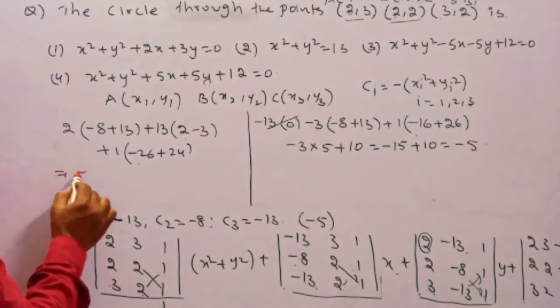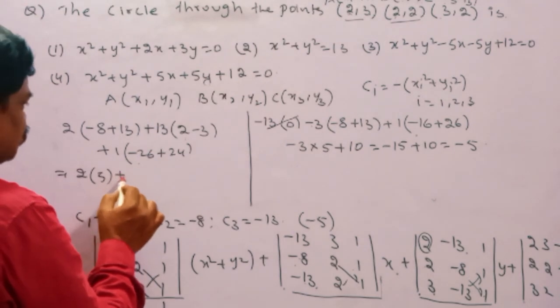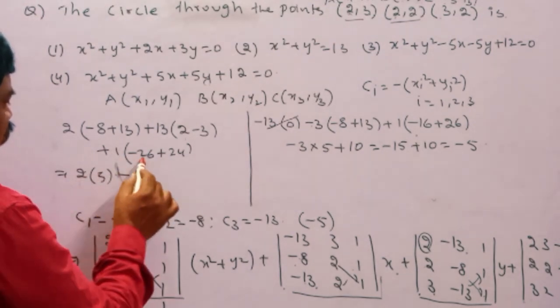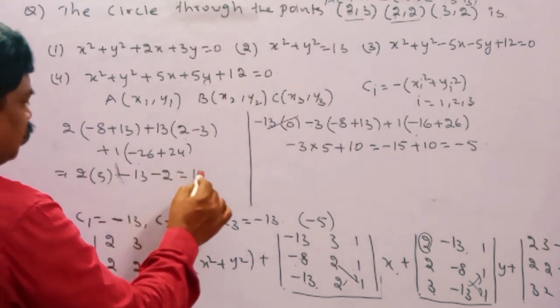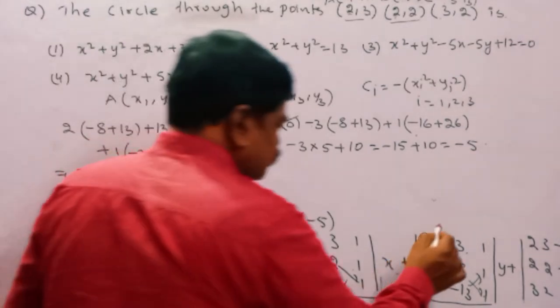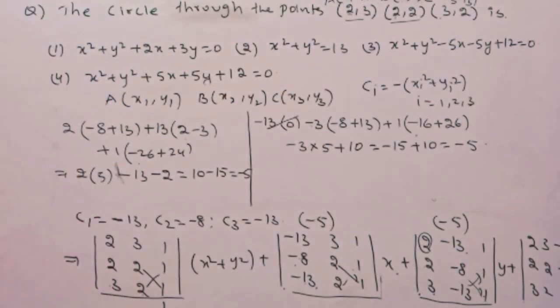This implies 2 of 5 plus minus 13 of minus 2, equal to 10 minus 15, equal to minus 5. So the value of this one is minus 5. Okay, all of you.